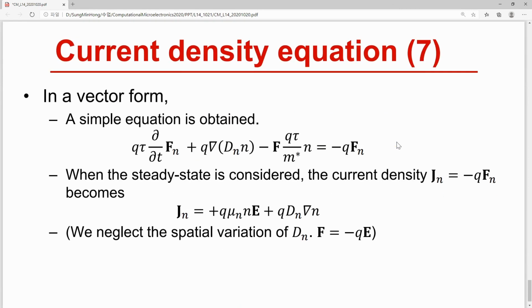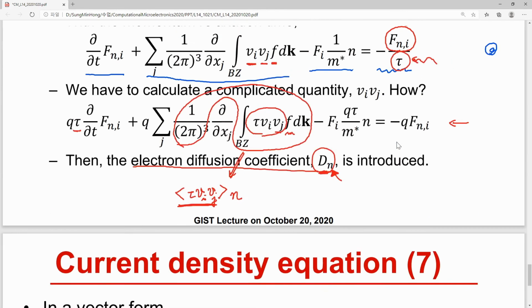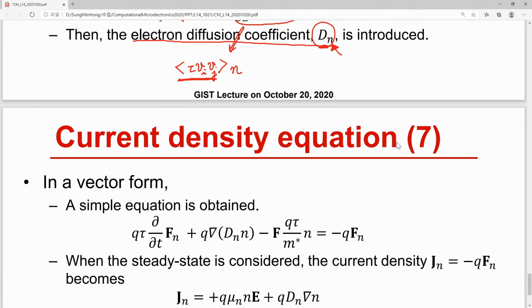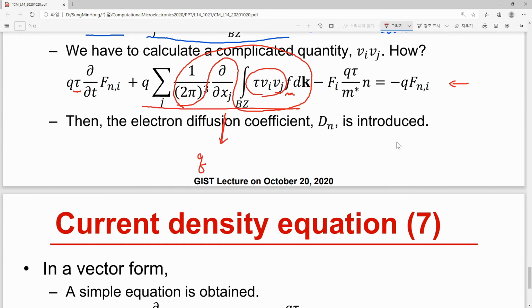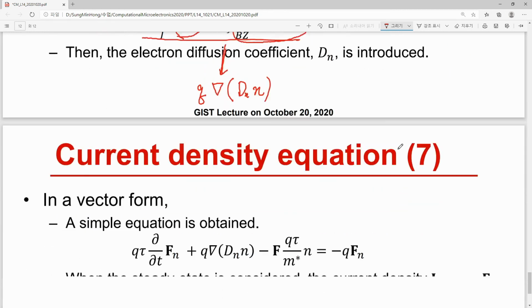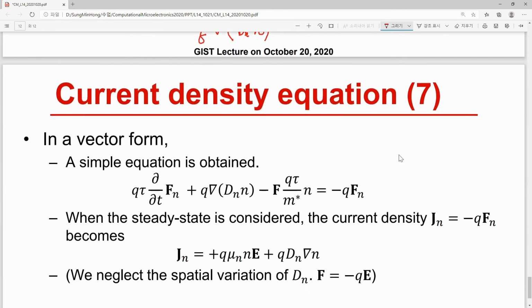So now, if we adopt this form, simply speaking, this integration is given as q times the gradient of dn n. So that is written here.